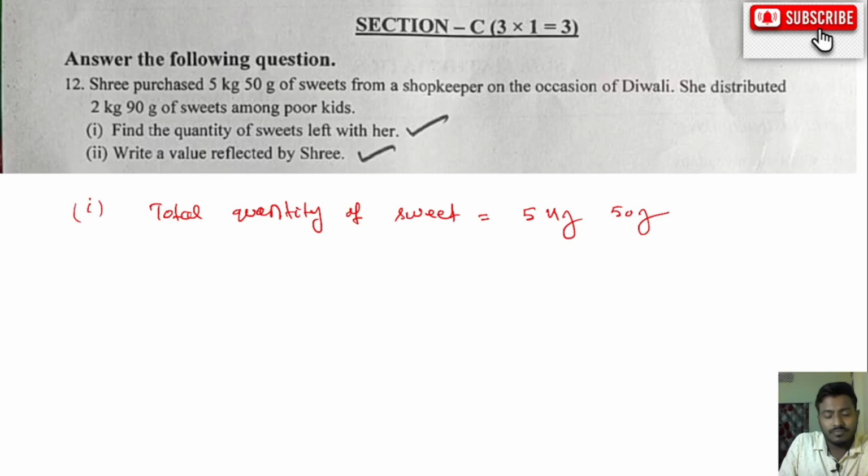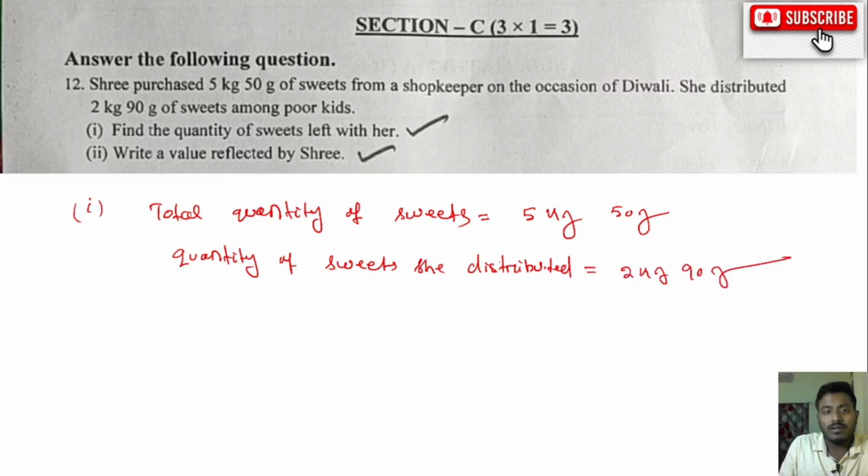Now quantity of sweets she distributed equal to 2 kg 90 gram.